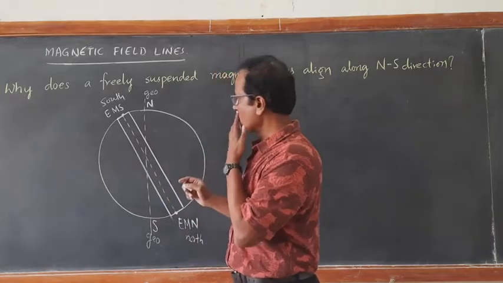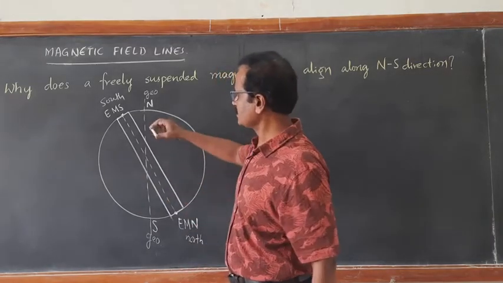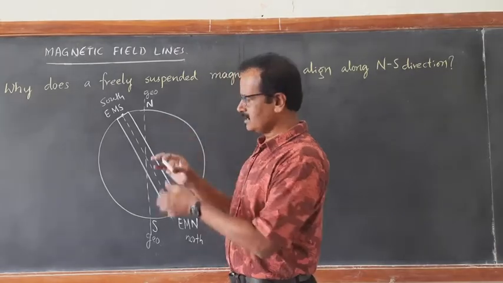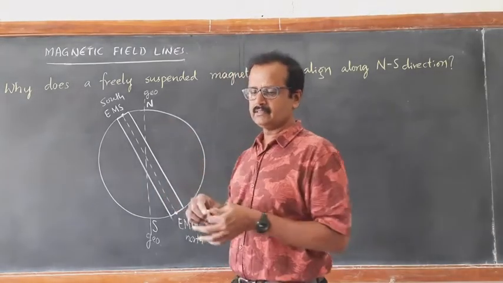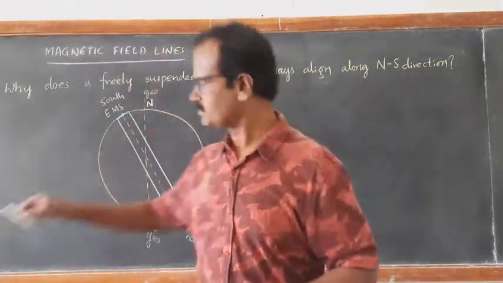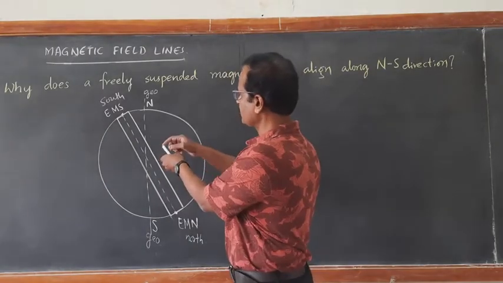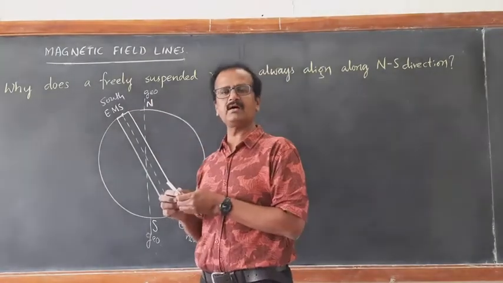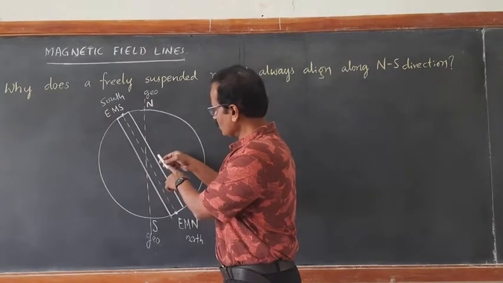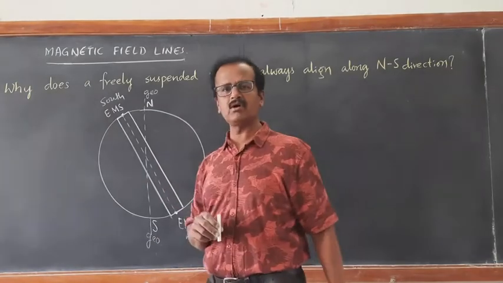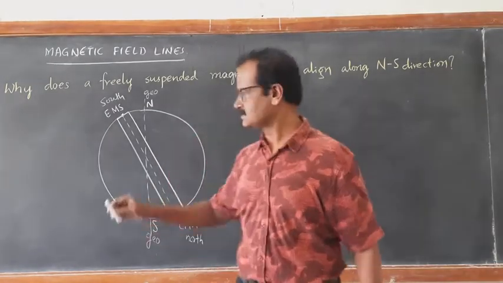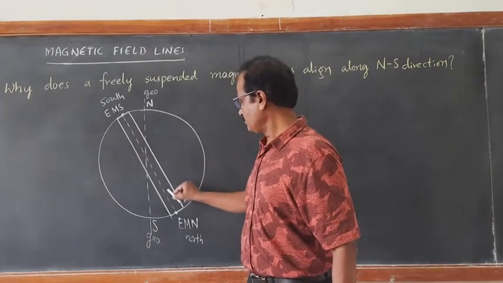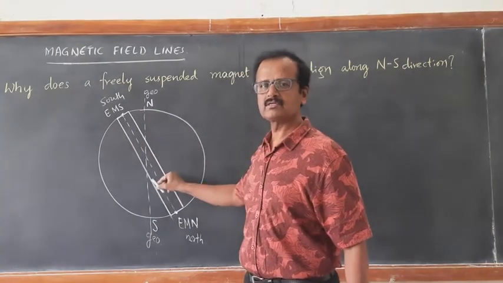So if you bring a magnet and if you just suspend this bar magnet, the north pole of this magnet will be attracted towards the south pole of the Earth, and the south pole of this magnet will be attracted towards the north pole of the Earth. As a result, it will orient along this magnetic north-south direction.